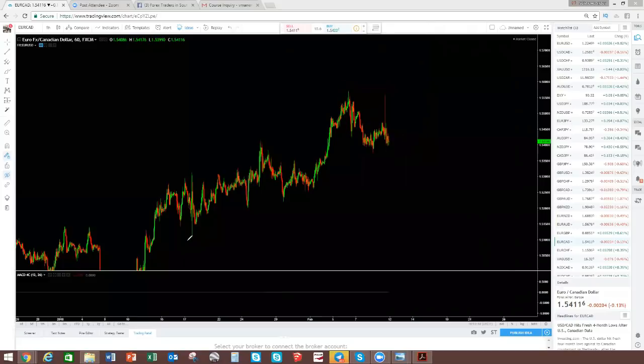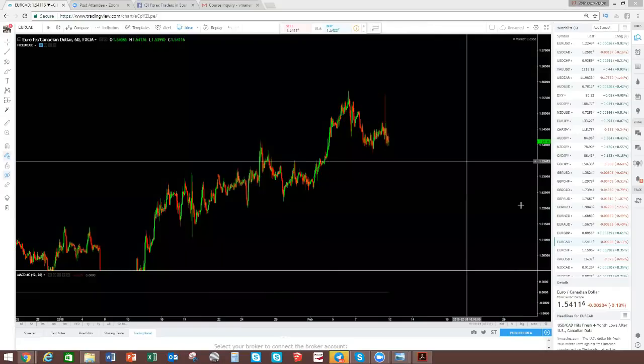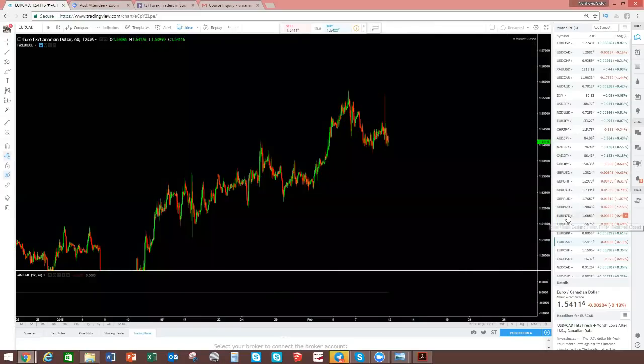All right, so bought here, got this move, but it's not going well. We had this nice impulse here, right? Now there's a correction here. Let's see how it goes from there. All right, so that's pound CAD.